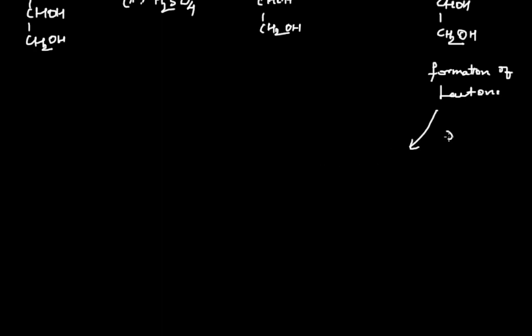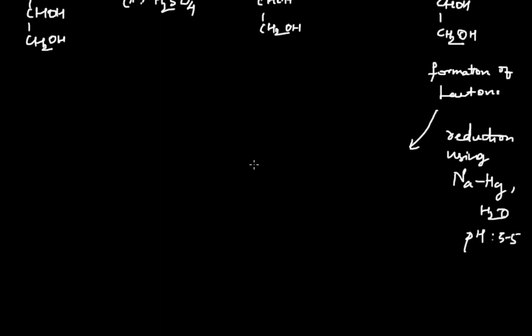Next is your reduction using sodium mercury amalgam and water. The pH needs to be maintained from 3 to 5. So the ester will be reduced to aldehyde and alcohol, giving CHOH, CHOH, CHOH and CH2OH.